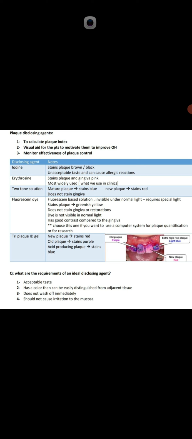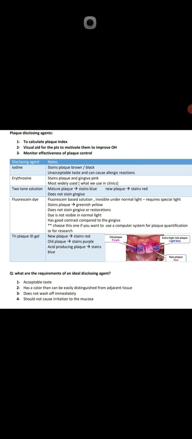Between visits, we apply it and check how much plaque control we have achieved. These are the uses.